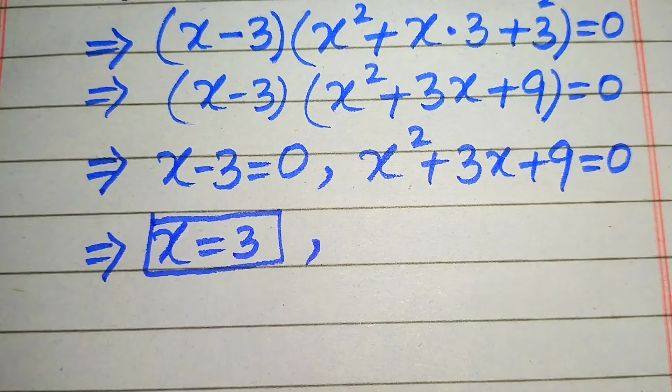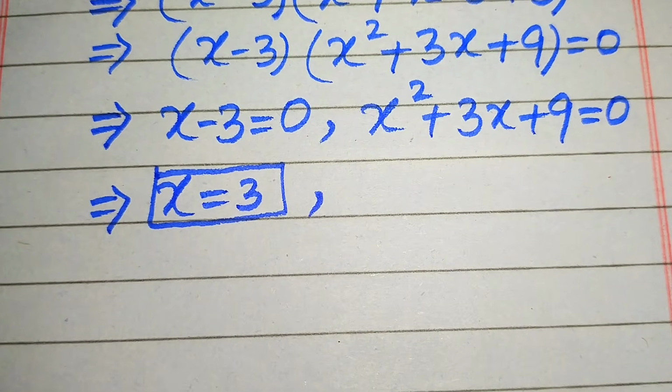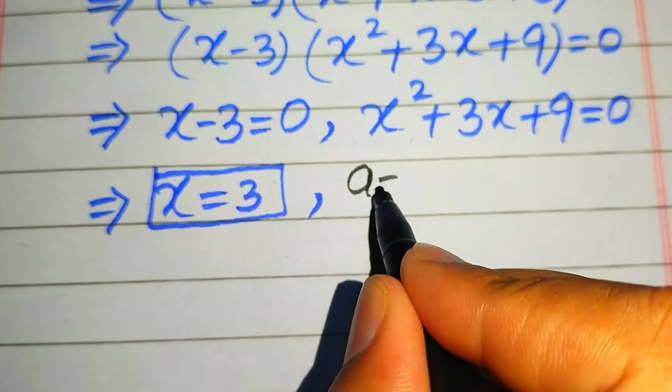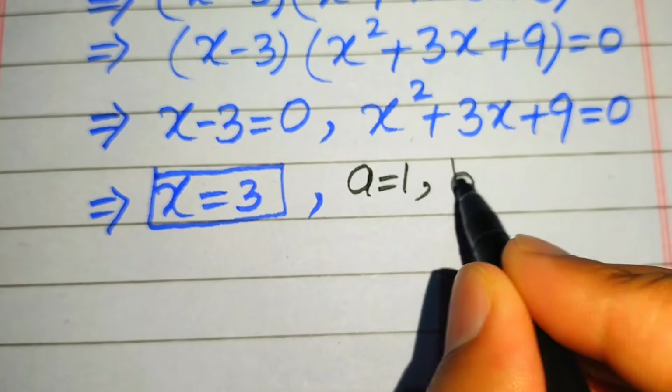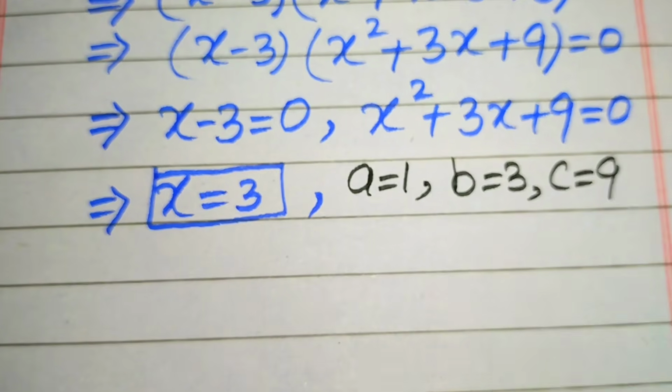The second is a quadratic equation, and we solve it by applying the quadratic formula. First we write the coefficients: a equals 1, b equals 3, and c equals 9.